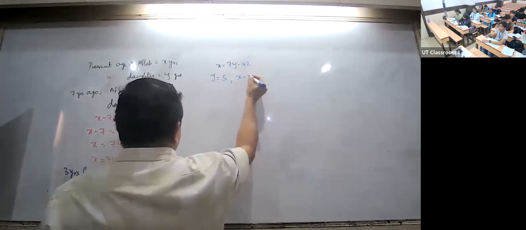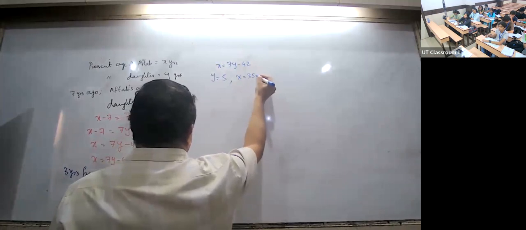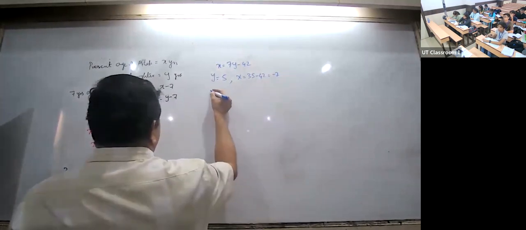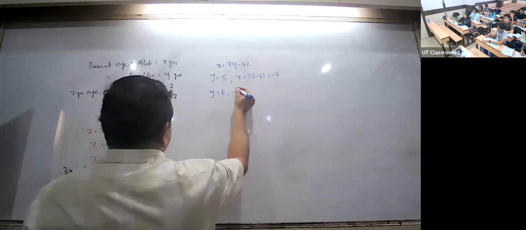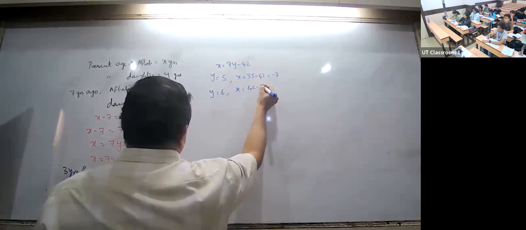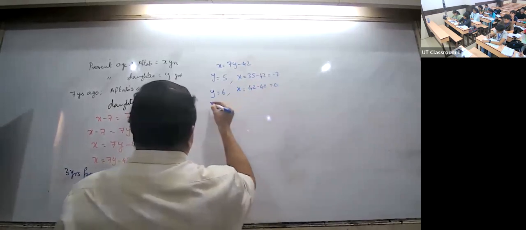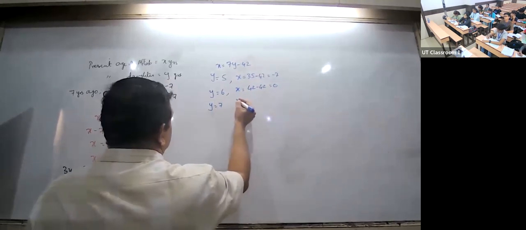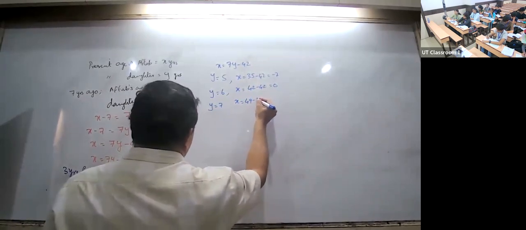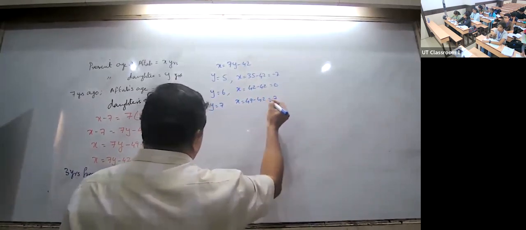Therefore, x is equal to 7 5s are 35 minus 42, that is minus 7. y is equal to 6: x is 7 6s are 42 minus 42, that is 0. y is equal to 7: x is 7 7s are 49 minus 42, that is 7.